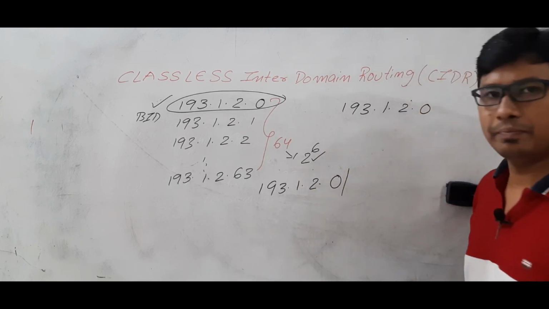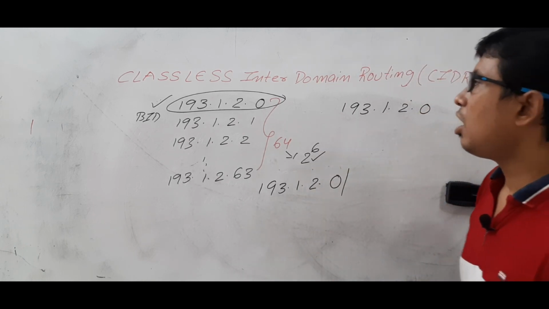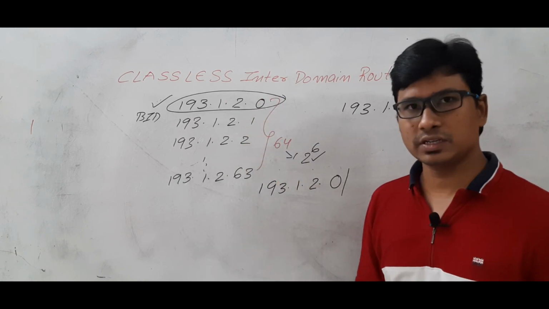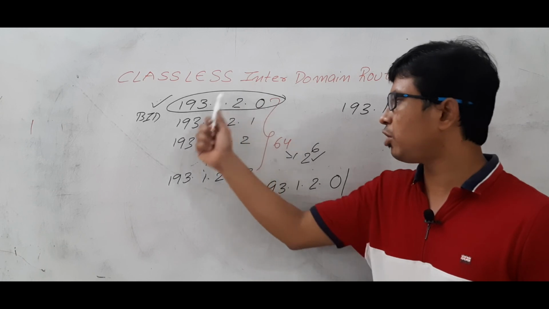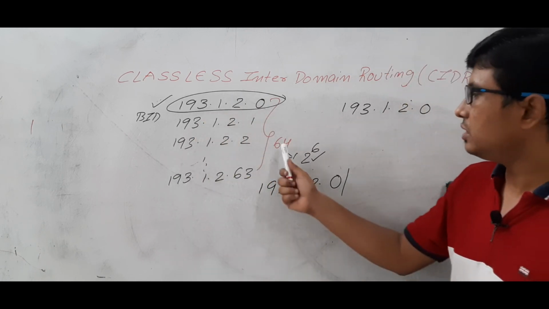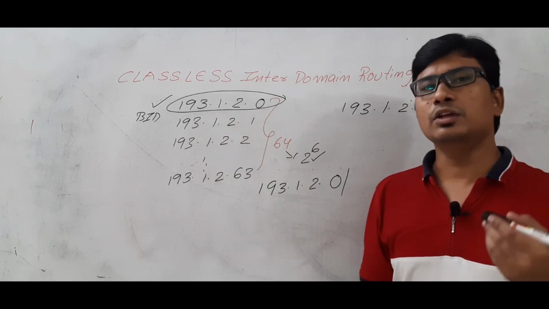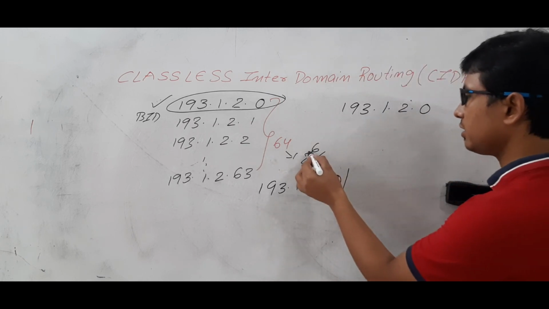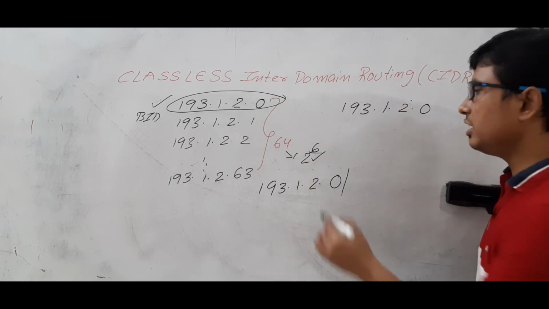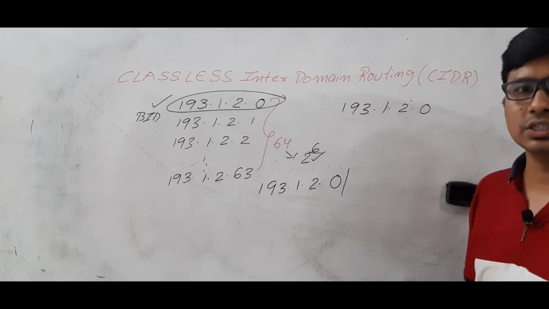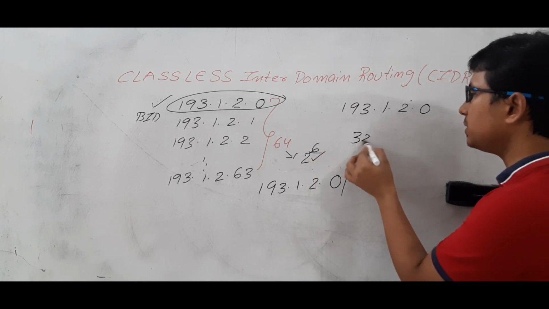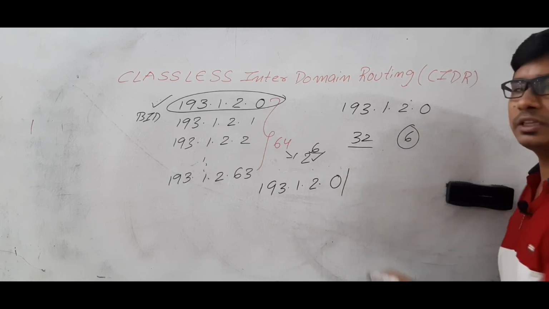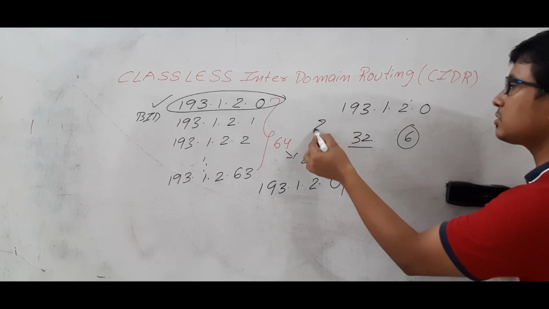193.1.2.0 by, now you tell me, how many hosts are there in this one? 64 hosts are there. That's what we said, that this block size is 64. Then how many bits do you need for the host ID? 6 bits are required. Out of 32 bits, if 6 bits are required for the host ID, how many bits will be there for the network ID? 26 bits.